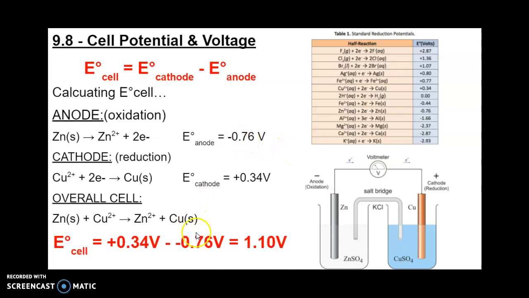And again, notice we're taking this value directly from the table. We're not flipping the sign. The negative sign in this is already accounting for the fact that we would need to flip the sign. So this has a positive value, which is going to tie directly into the fact that this is a spontaneous or favorable thermochemical cell.